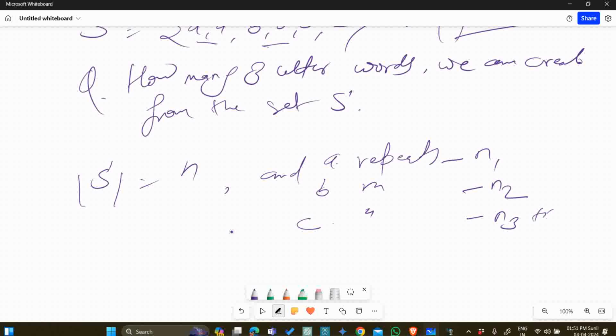If we want to create combinations of words, how can we calculate this?